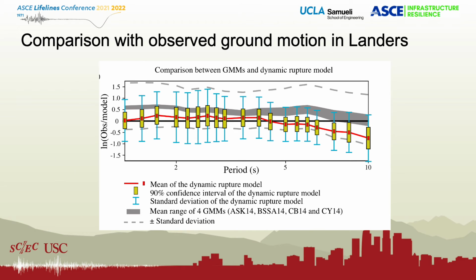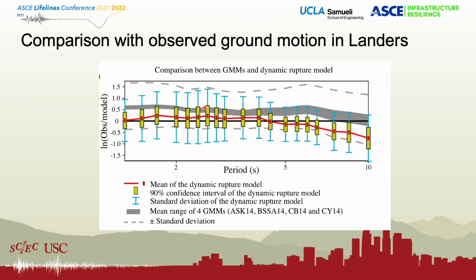Our simulation also models the ground motion, even though it is a byproduct. We perform a sanity check for validating the physics important to ground motion is also properly modeled. Red curve shows the mean bias of dynamic rupture relative to data from 1 to 10 seconds. The gray shaded area is the range of 4 GMP median predictions.